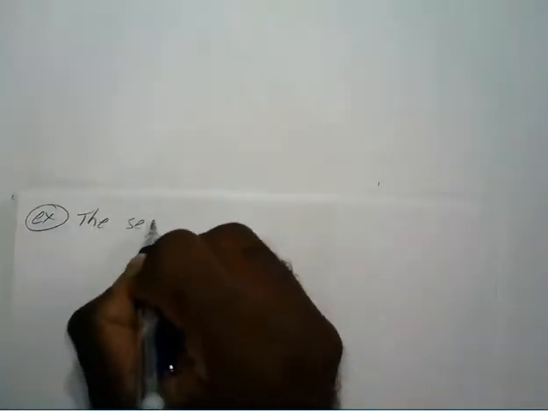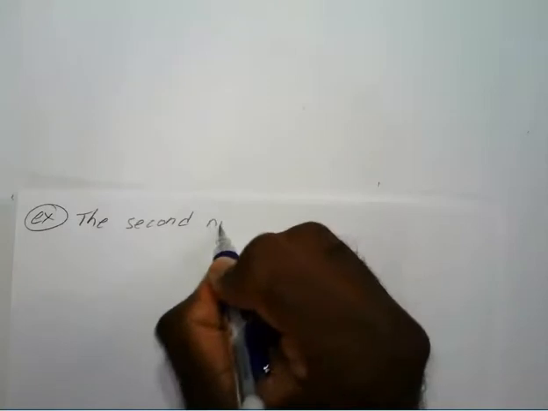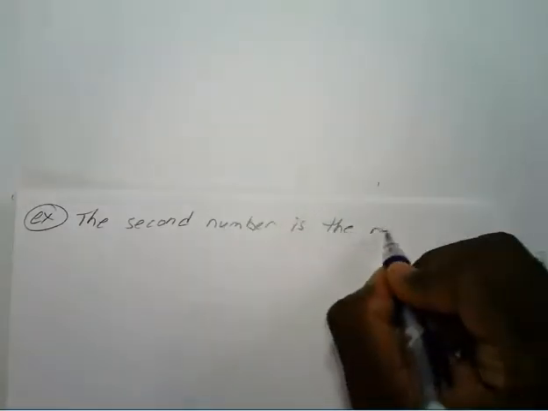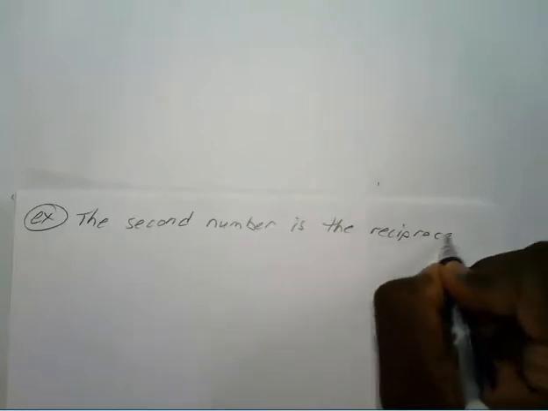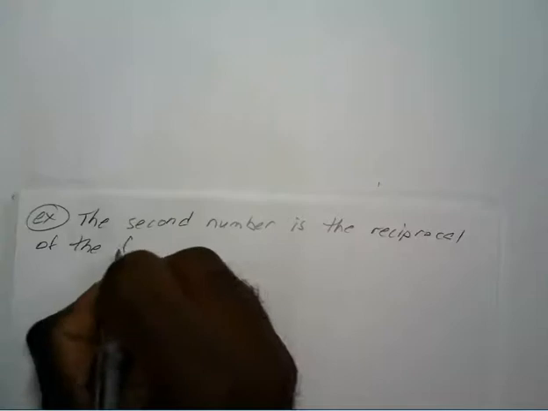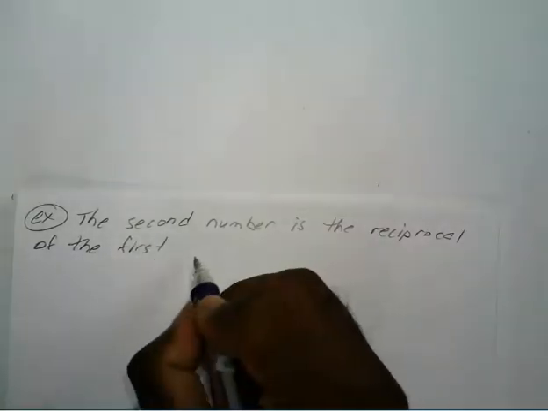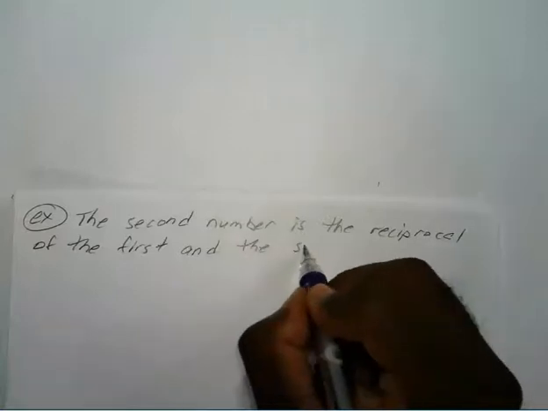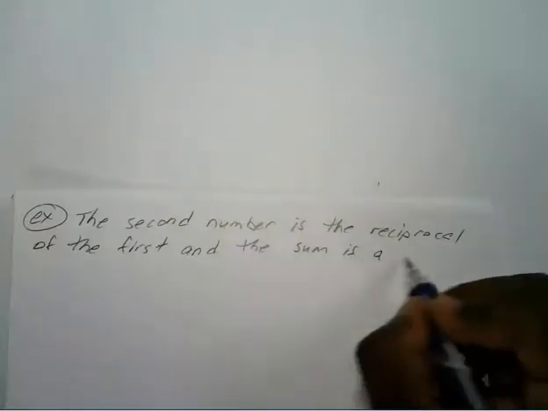What if we have the second number is the reciprocal of the first, and the sum is a minimum.